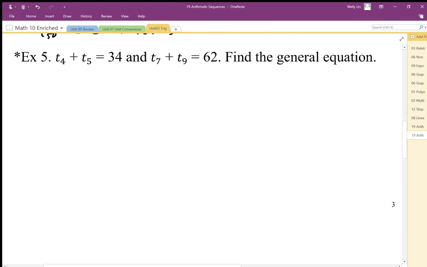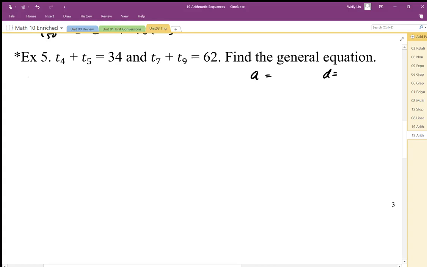For this one here, we can look at this problem and figure out the general equation. To find the general equation, we need to know the starting point, or some starting point, and we need to know the d. Now this looks a little bit hard because we don't know the starting point or the d in here, nor do we know the starting point or the d in here.